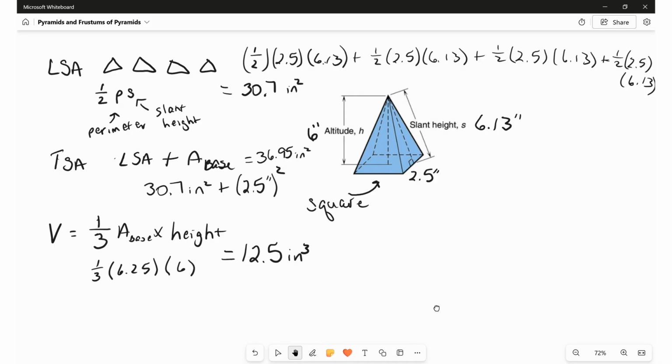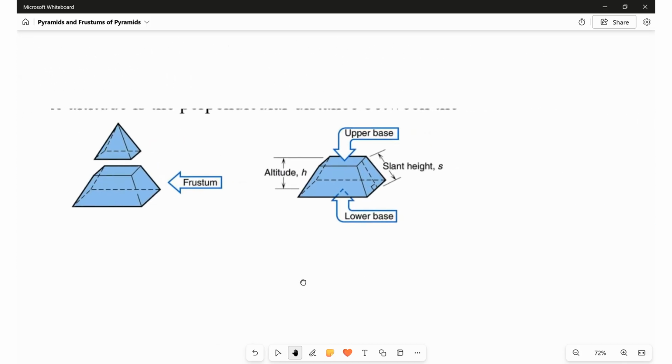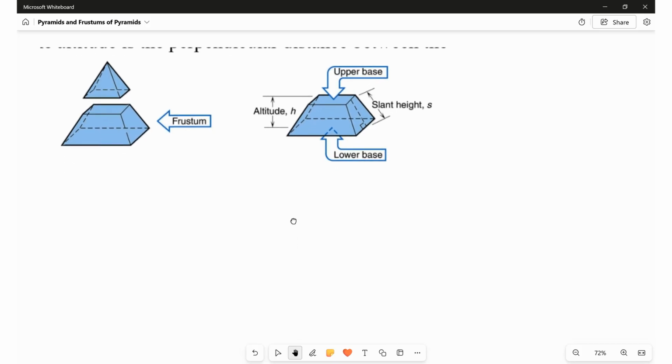So next I would like to talk about something called a frustum of a pyramid. A frustum is just like if we cut the pyramid and take off the top, it's that piece that's left. So here we have an upper base and a lower base.